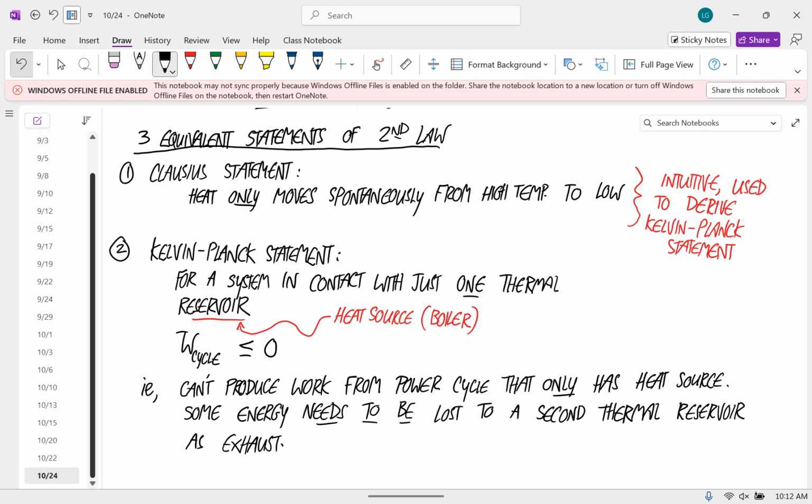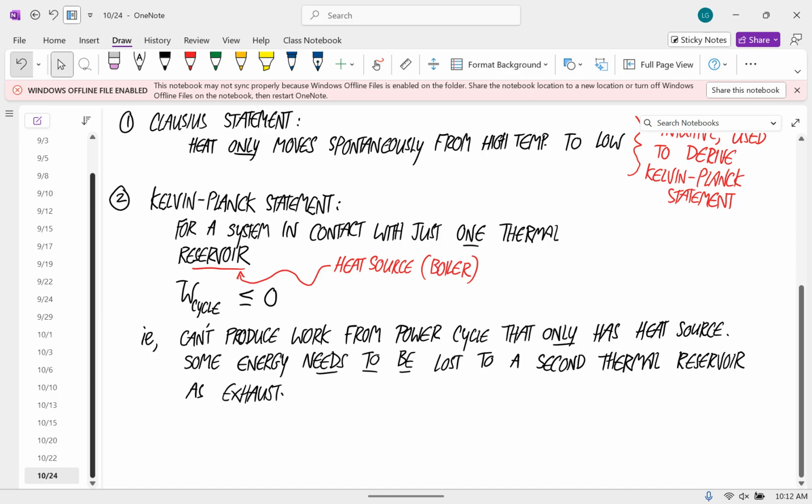Okay, so you have to have some kind of cool reservoir also for energy to be lost to. There's no way to take all of the energy you gain from shoveling coal into a fire and use all of it to create work. Some has to be lost.